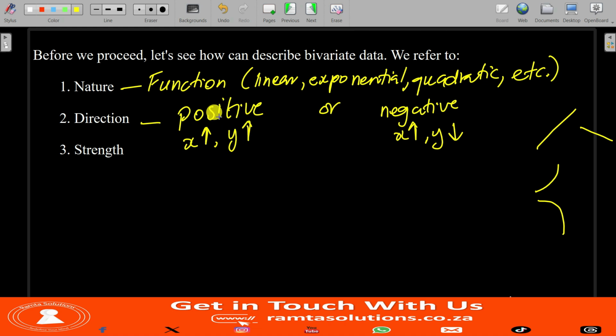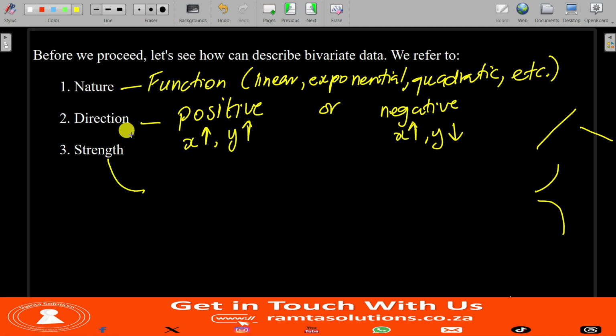That's a positive relationship. If it's a negative relationship, when the variable you're studying on the x-axis increases, the one on the y-axis decreases.